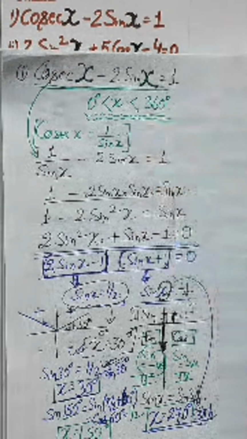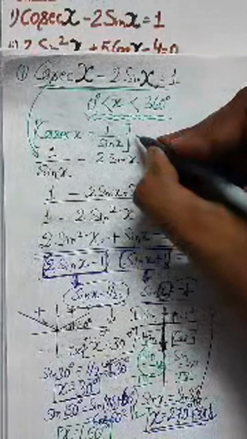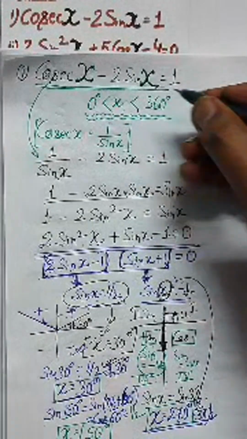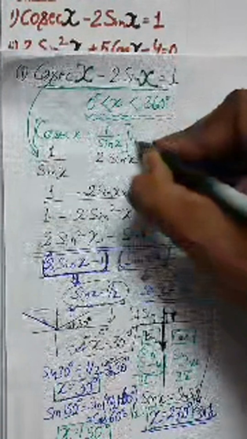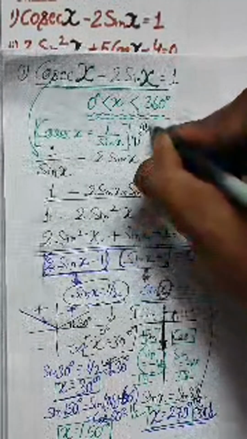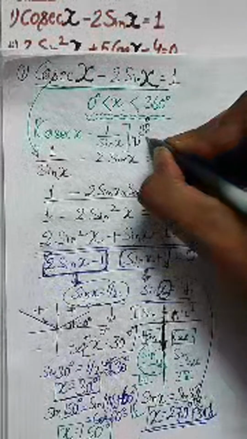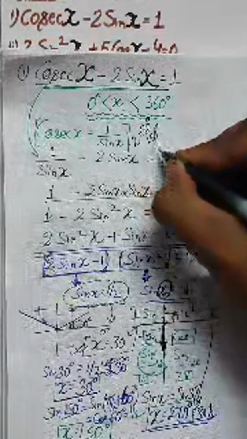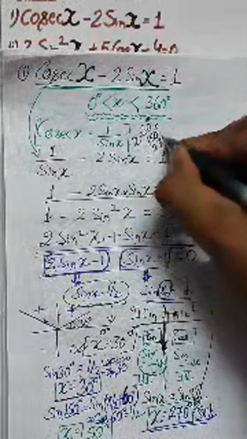So the three solutions of this equation are, let me write it, cosec x minus 2 sin x equal to 1 has three solutions, that is x equal to 30 degree, x equal to 150 degree, and x equal to 270 degree.